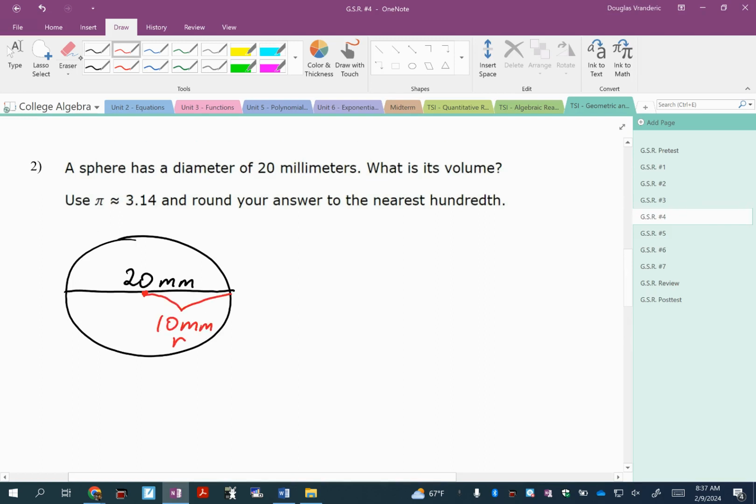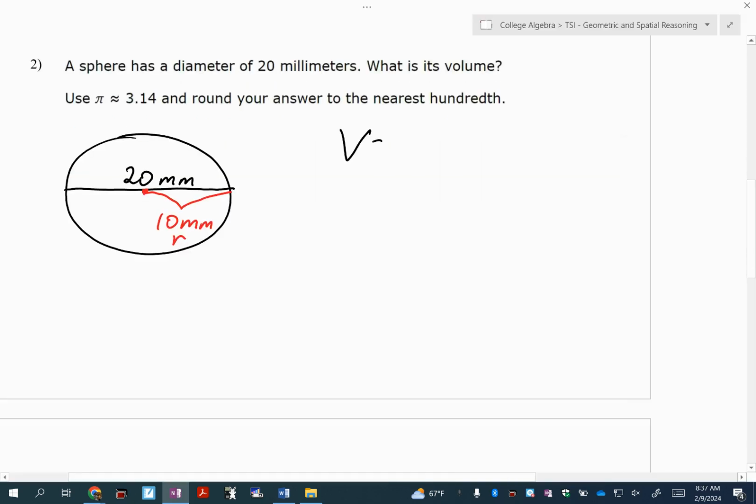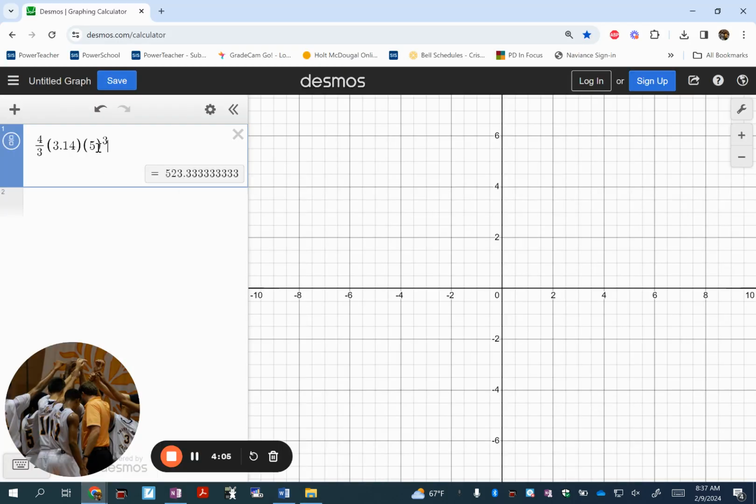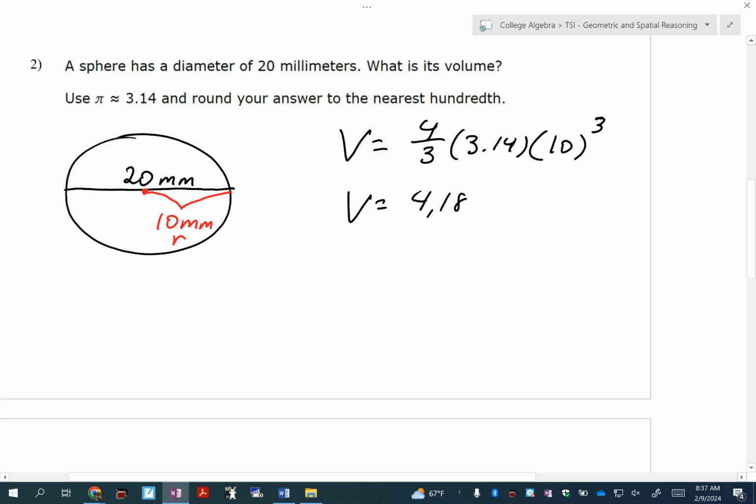So that's my radius. So volume equals 4/3 times the approximation for pi times my radius cubed. So replacing that in my calculator with a 10 gives me 4186.6 repeating. So 4,186.6 repeating.